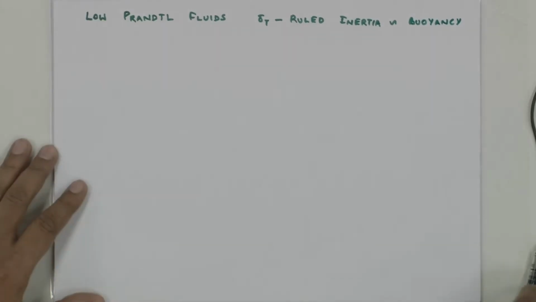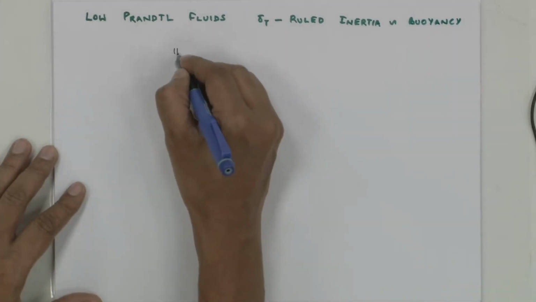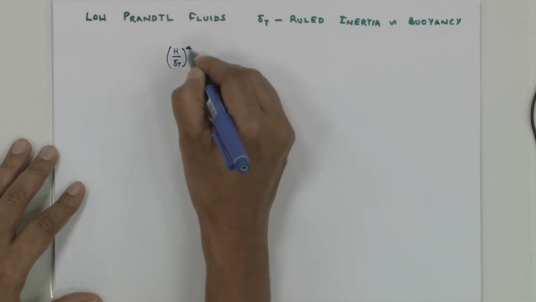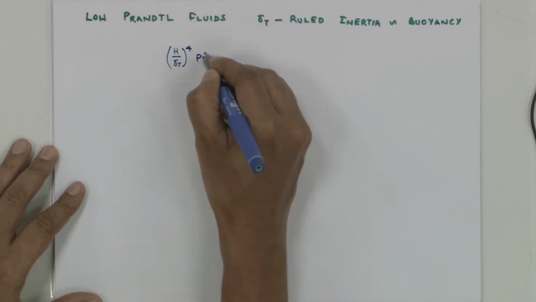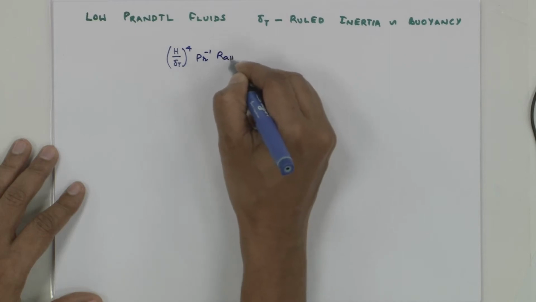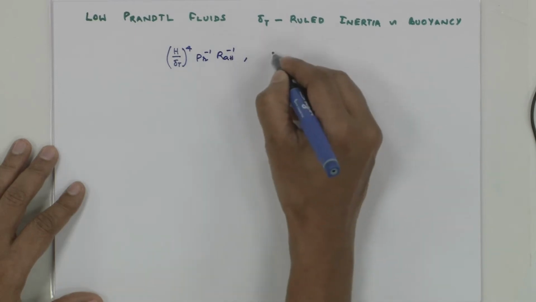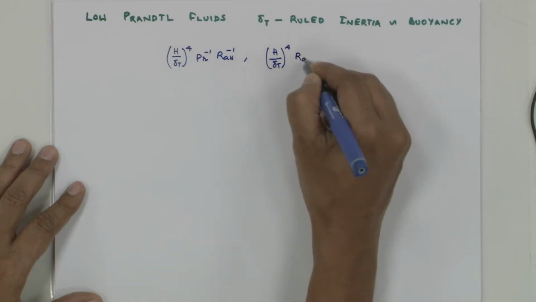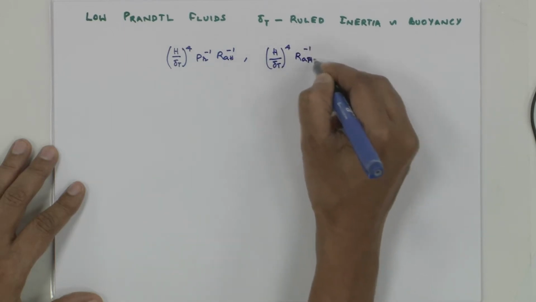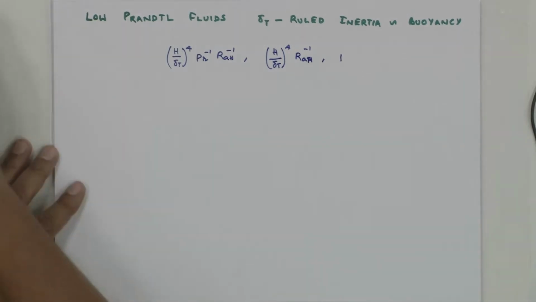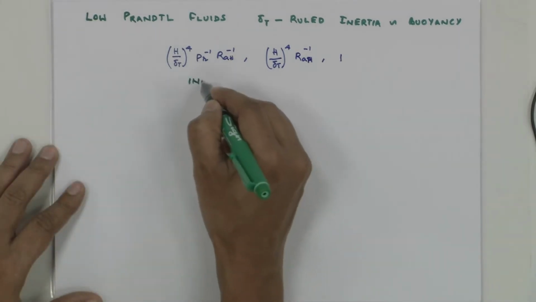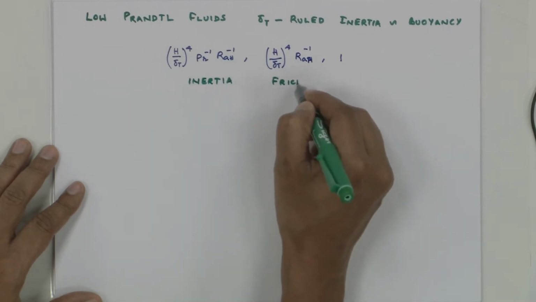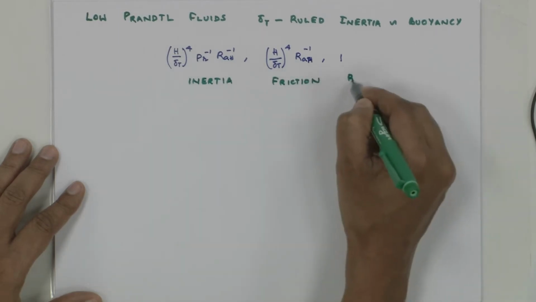We know that we have written h by delta t to the power of 4 Prandtl to the power of minus 1 Rayleigh to the power of minus 1, h by delta t to the power of 4 Rayleigh to the power of minus 1, and 1. This was inertia, this is friction, this is buoyancy.